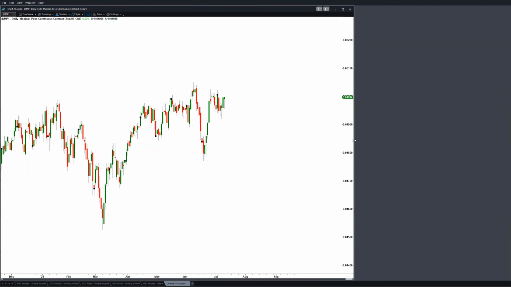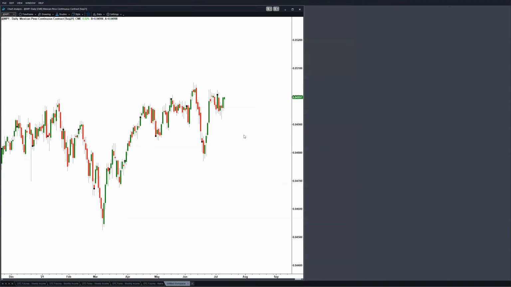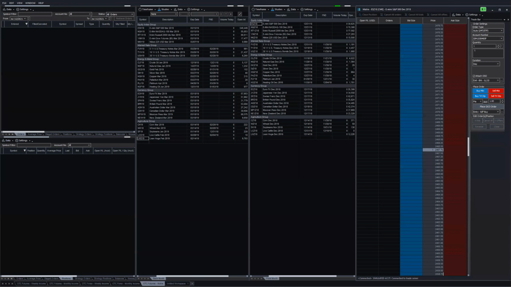Just briefly how we would do that, because we need to prepare this workspace anyway. I just opened the workspace, and you can do the same, open a workspace chart. At the same time, I hope you have downloaded this from the classroom section as well, because this is the framework that we're going to use to add the contracts, the front month and the back month.